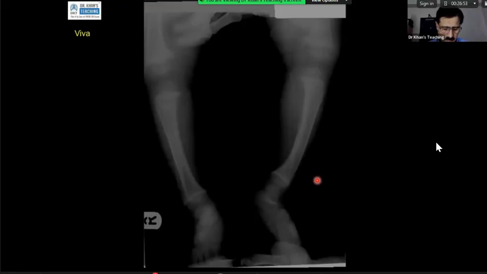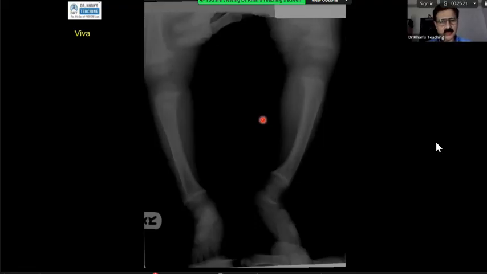There's also, I think, the impression of a spur medially, Wilkin spur. Right. So if you see here along the shaft of the tibia, what do you see? Yes, there's a bilateral periosteral reaction.